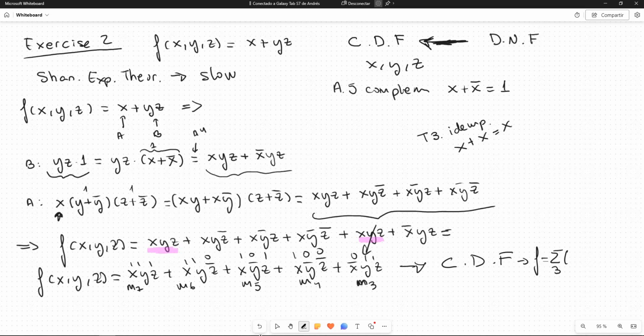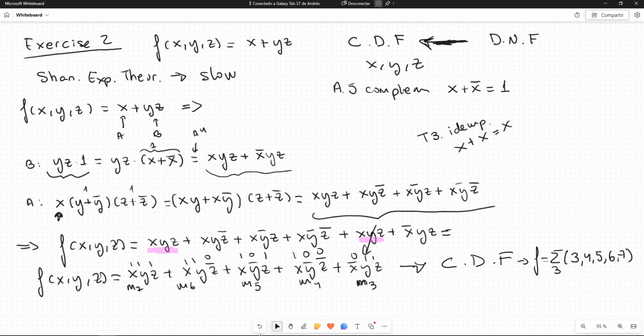So in its compact way it is minterms 3, 4, 5, 6, and 7. So we have solved the exercise.